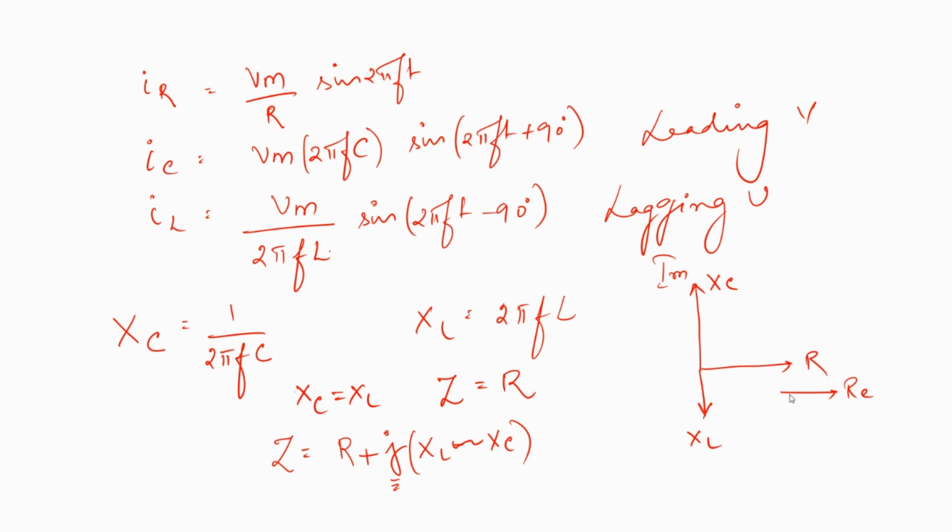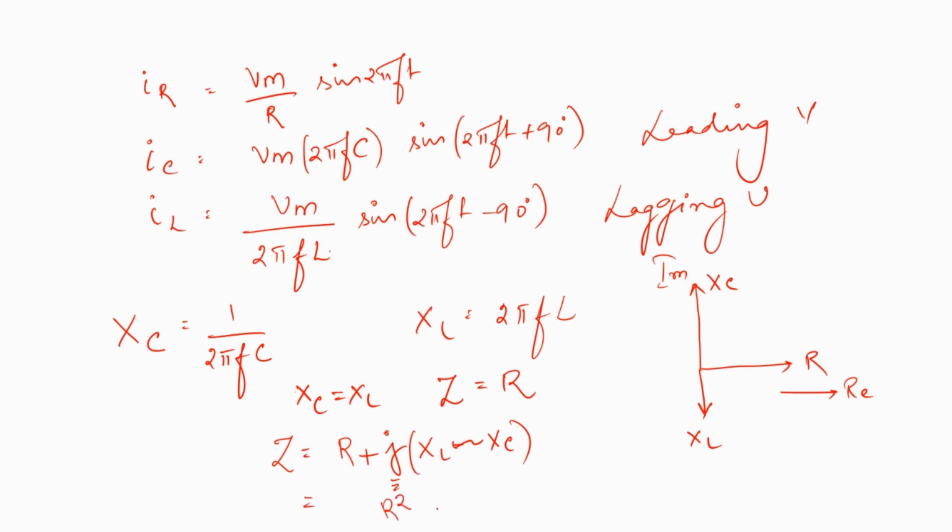The reactive power is not consumed to perform useful work as such. So therefore, it can also be represented as the imaginary quantity over here. So therefore, we can represent impedance as a complex number where the real part is the resistance and the imaginary part is the reactance. So what would the magnitude be?